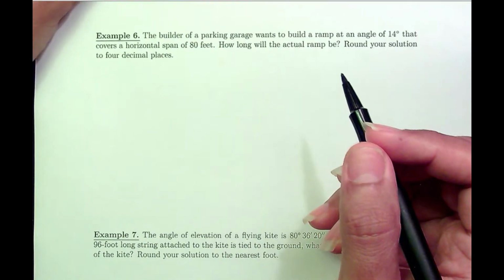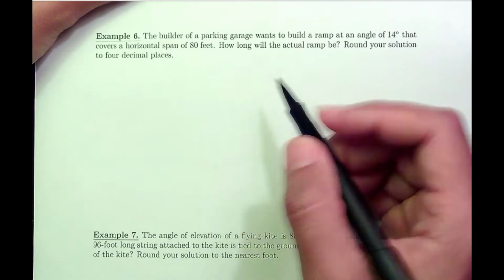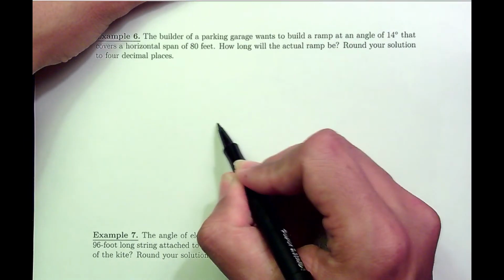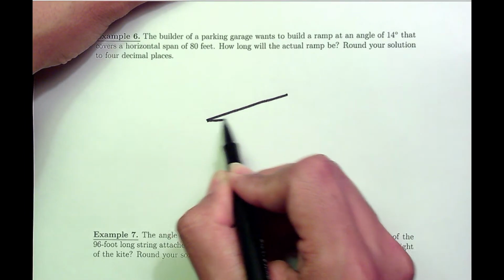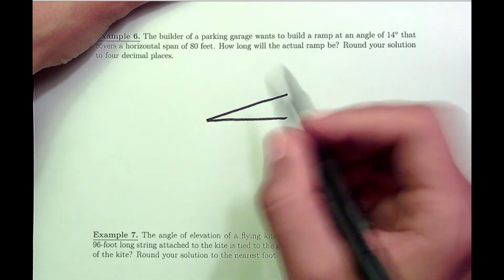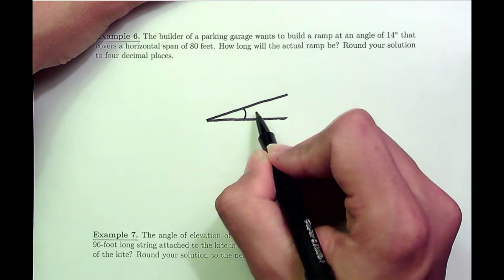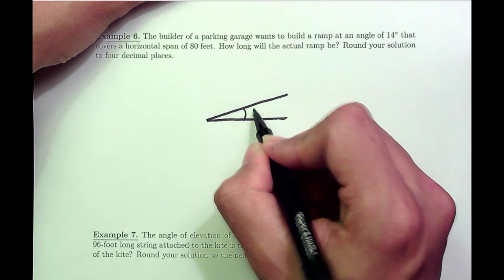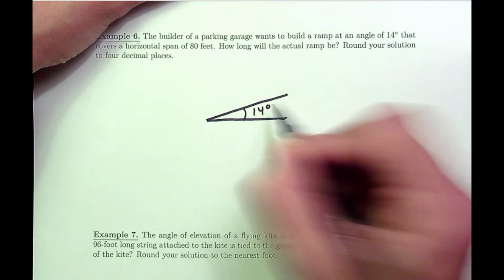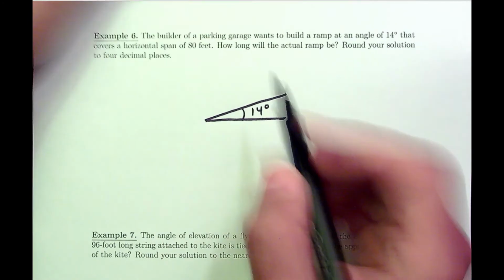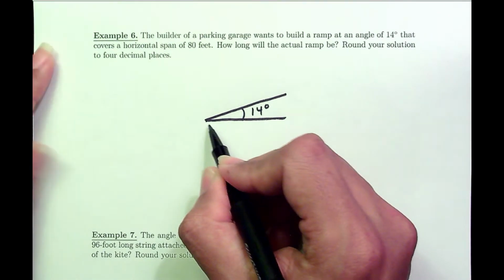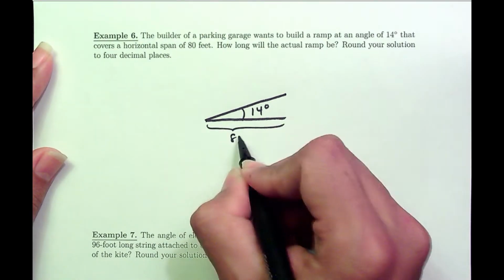So this one says that we're going to have a ramp. So let's draw something like that. That's the ramp and that's the horizontal. And they're telling us that the angle is 14 and the horizontal span is 80 feet.